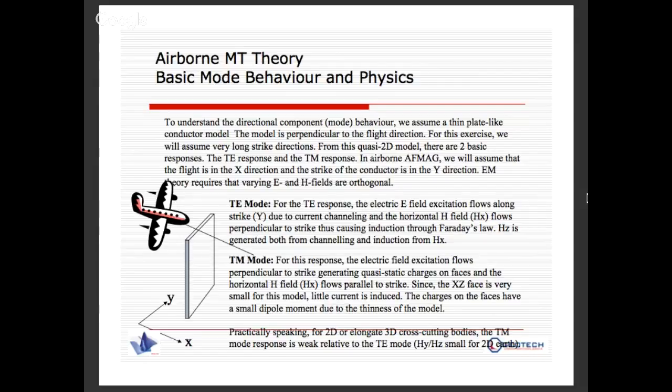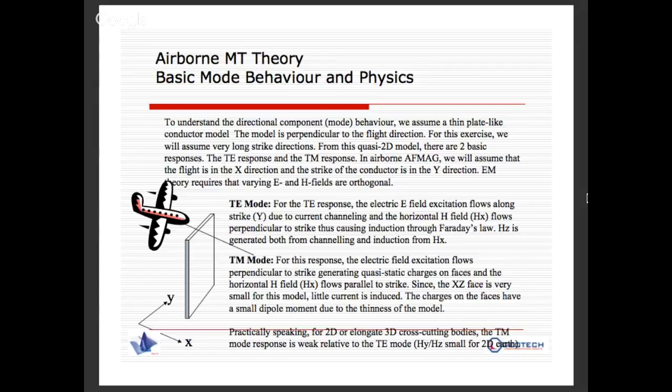When we have the airborne system, the behavior is this: assume we are thinking about a thin layer as a conductive model, and the model is perpendicular to the flight direction. We will assume that it's very long, striking in both directions, so it's some sort of quasi-2D model.